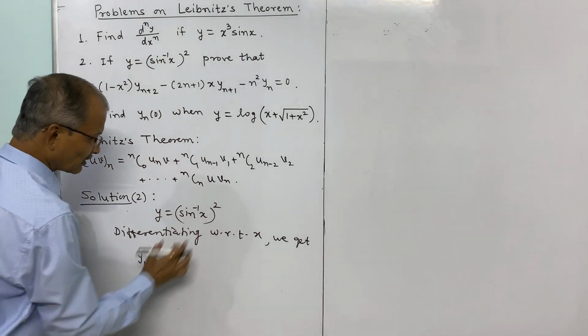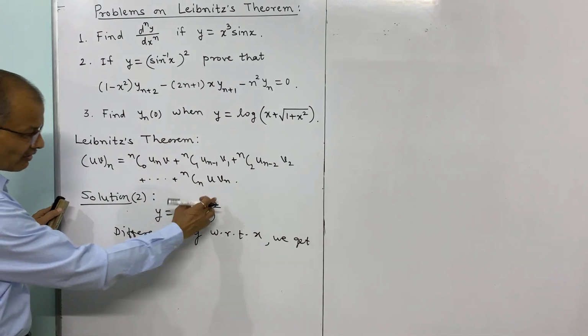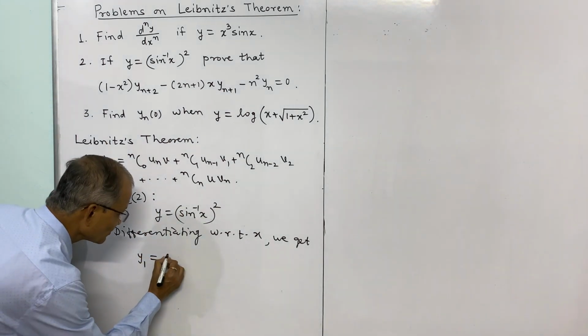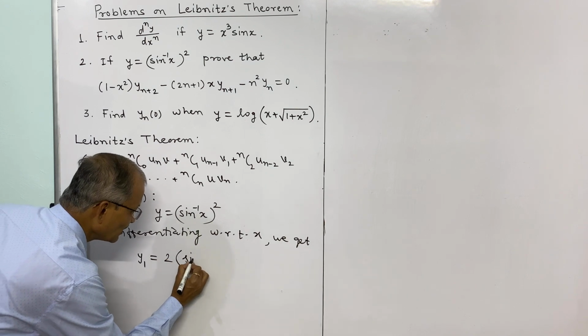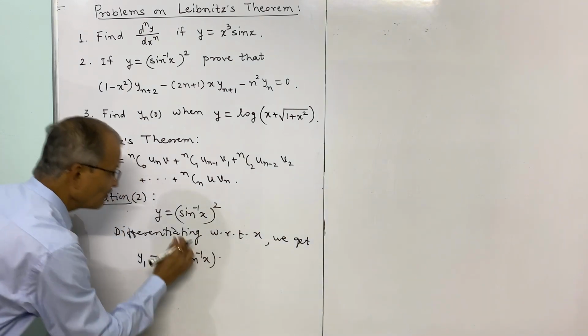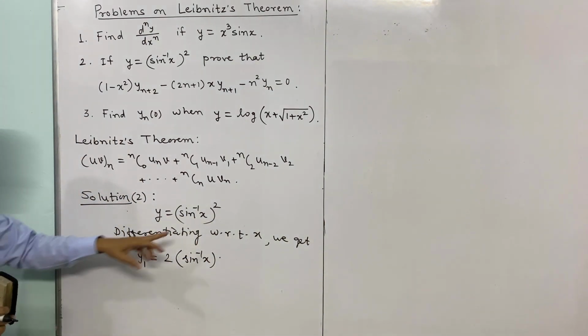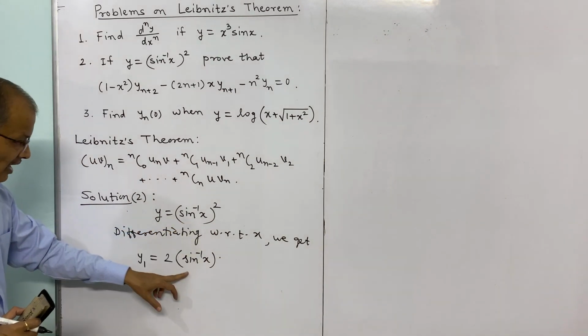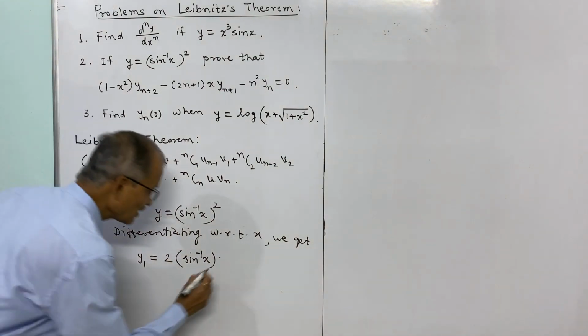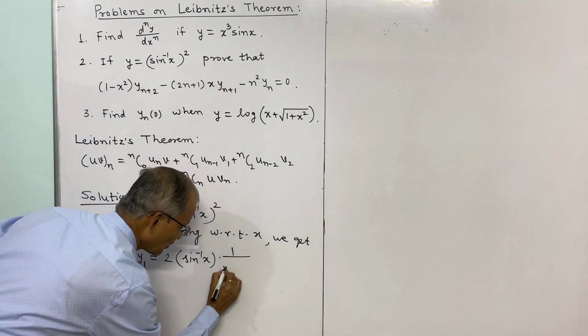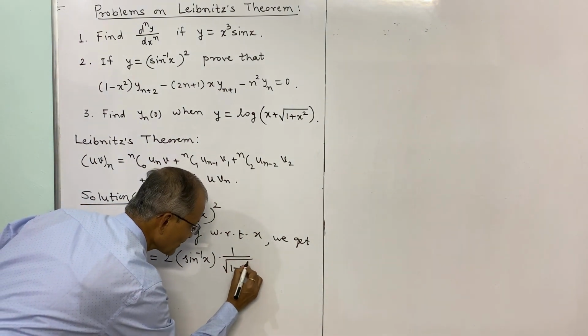And what is the derivative on the right side? That is a square function, so it will be first 2 into sine inverse x into the derivative of sine inverse x. We have to use the chain rule of derivative. And what is the derivative of sine inverse x? 1 over root of 1 minus x square.